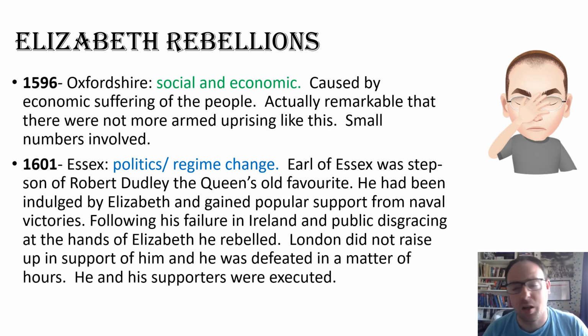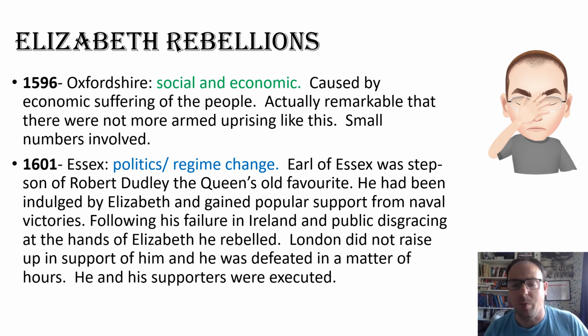The Essex Rebellion of 1601, this is about an attempt at regime change. So Essex tries to seize power. Robert Devereux was his name. He was the stepson of Robert Dudley, the Queen's old favourite, the Earl of Leicester. And he had been indulged by Elizabeth. He gained popular support following some naval victories against the Spanish.